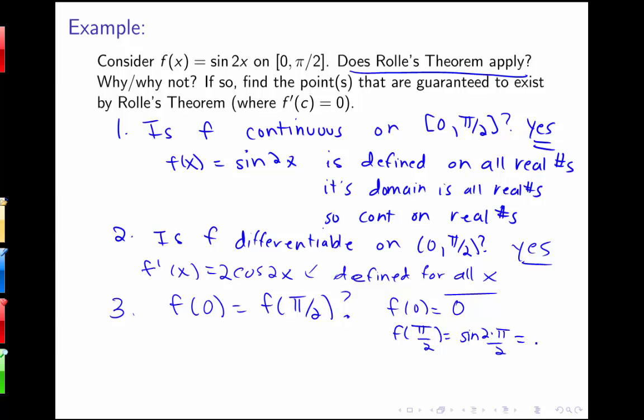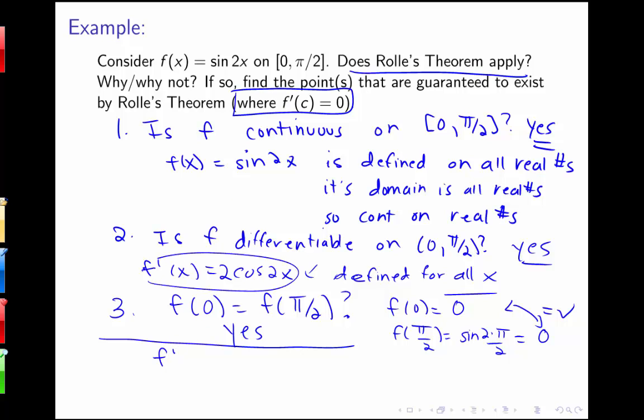So I'm going to have sine of pi, and sine of pi is also 0. So these are in fact equal to each other. So the answer is yes, because I have 0 equals 0. So this means that Rolle's theorem applies. So I can answer this question and find the points where the derivative is equal to 0. So the theorem applies because these three conditions are met.